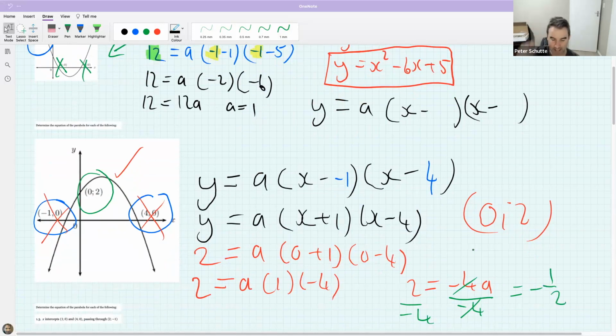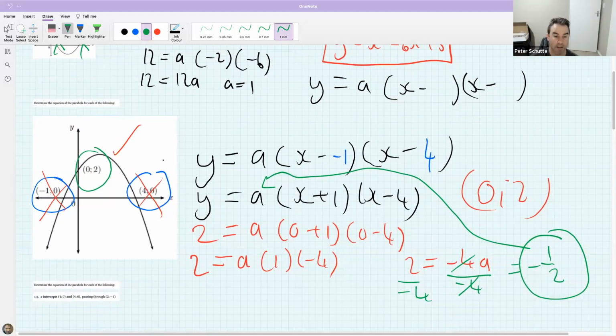Now we're not done. You still need to get me my final equation. So I want you to take the minus 1/2 and put it back here, and get me my final equation. But I want to suggest something. Rather multiply the two brackets together first, and then once you've got that, you multiply by the minus 1/2. That's my suggestion.